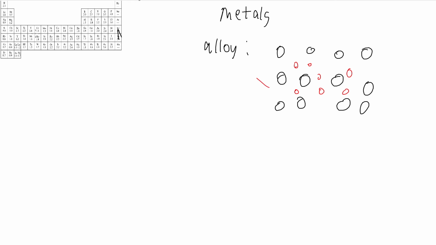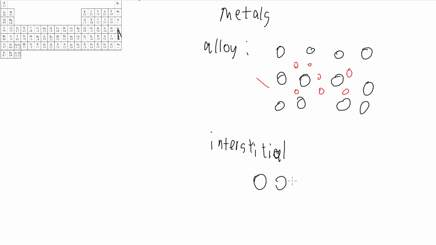Now, what an interstitial alloy is, if I can, this is going to be in black, okay? If you remember stitch, that's kind of how I remembered it, right? Stitching, you're sort of like doing two things of the same size, right? If you are stitching.